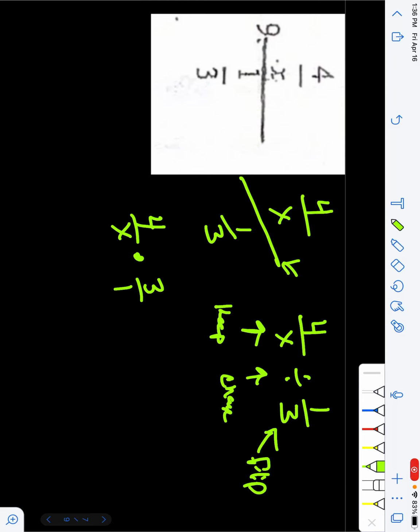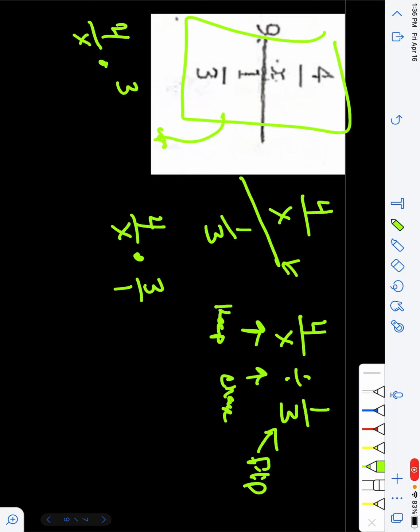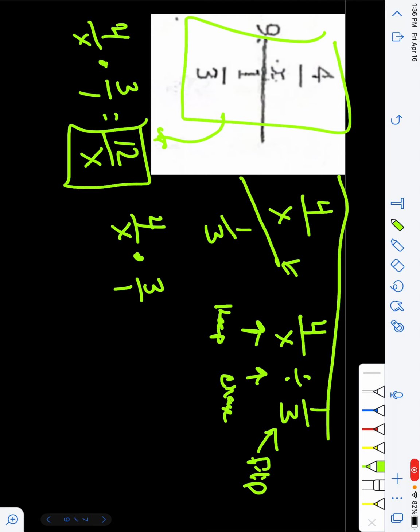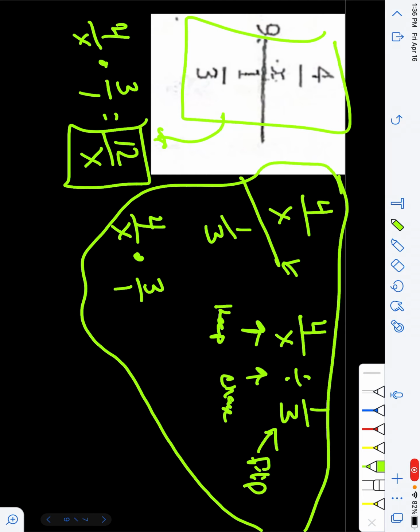So, in practicality, what that means is that we see this fraction and we just rewrite it as this, and we simplify. So 12 over x would be our answer here. But in case you missed that in 6th grade, there you go. You got that one for free. Don't even have to pay anything.